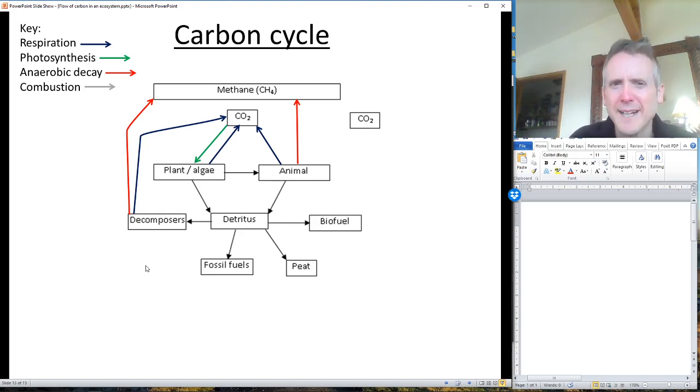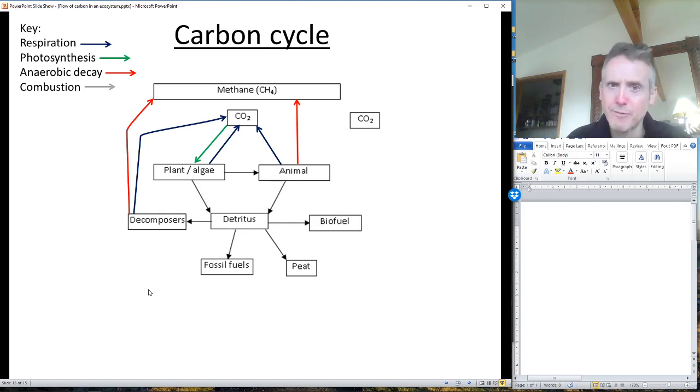So things like termites make loads of methane because the wood is hard to digest. Therefore, they have bacteria in their stomachs to help digest the wood, but it becomes a bit anaerobic, and therefore loads of methane is produced. And then lastly, is just combustion.